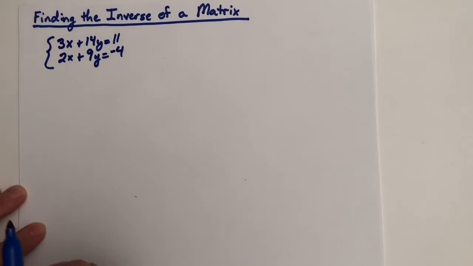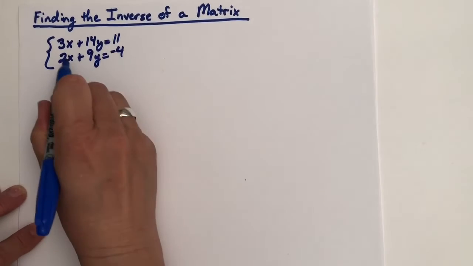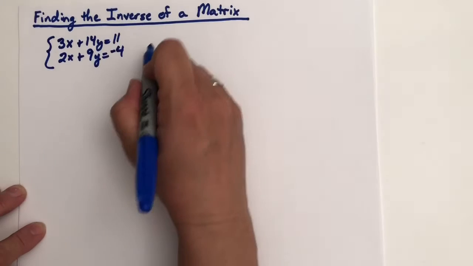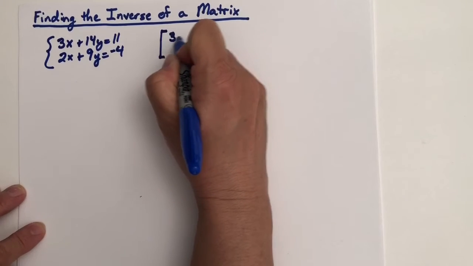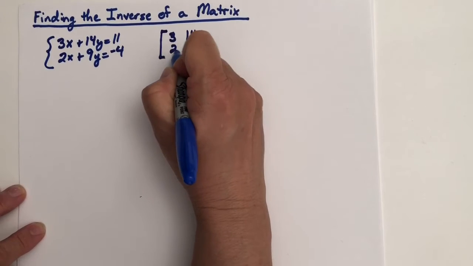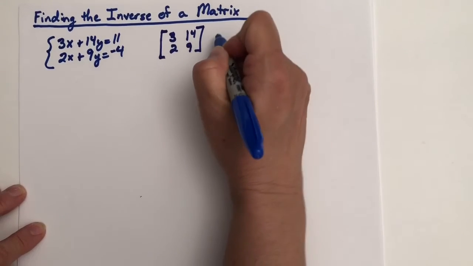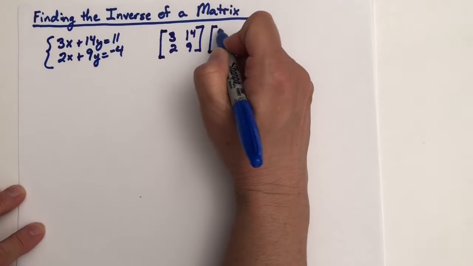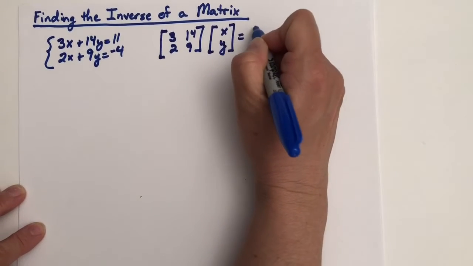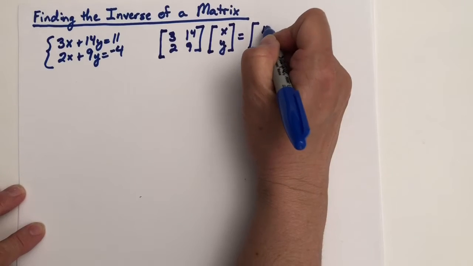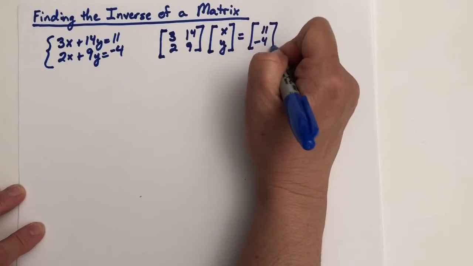We saw in a previous video that you could rewrite that linear system as a matrix equation where it looks like this: 3, 14, 2, 9 multiplied by the column matrix, that is x and y, equals 11, negative 4.